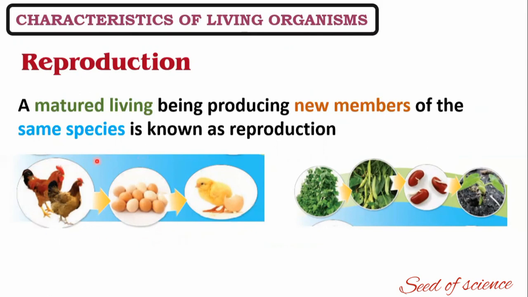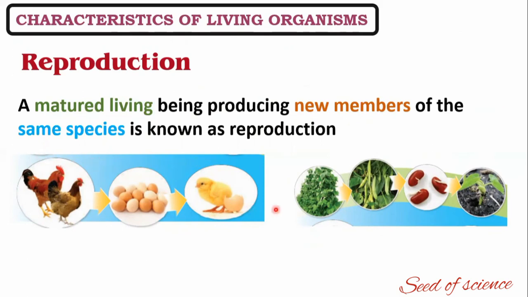Likewise, here you can see in the picture, hen can produce hen species, and beans can produce only beans. So here you have to understand reproduction means you should consider three things: a mature living being, new members, and the same species. So I'll explain again. Reproduction means a mature living being producing new members of the same species.